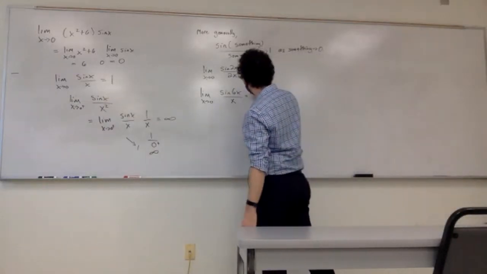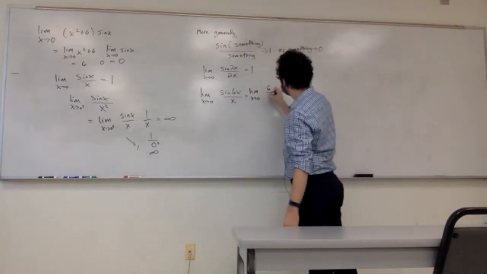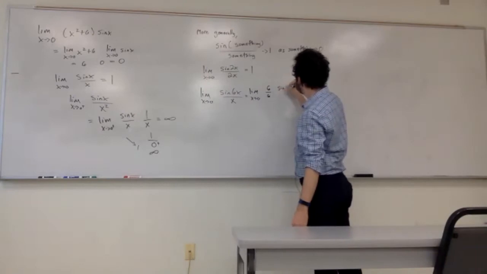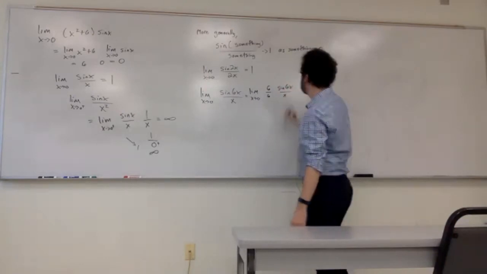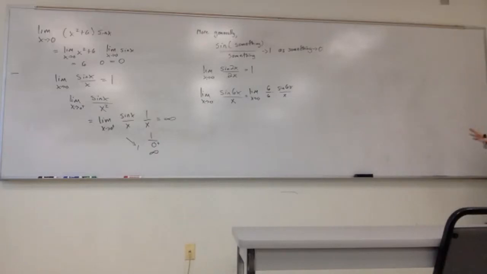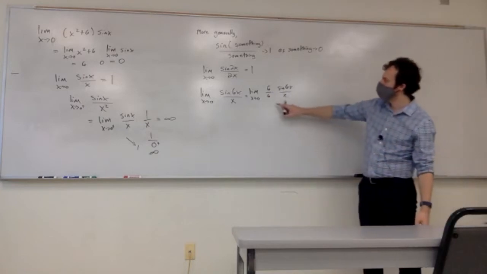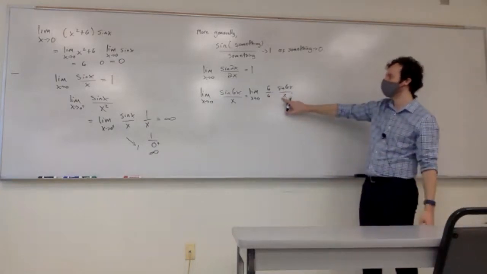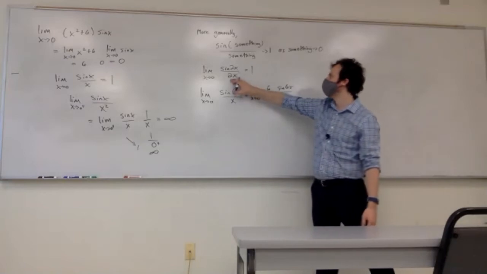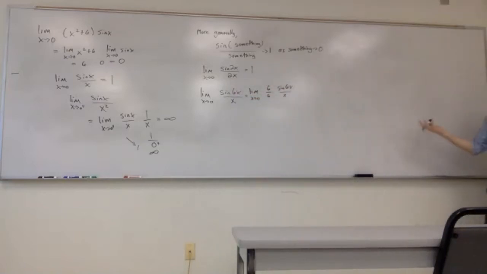The way we can do that is by multiplying and dividing by 6. This is 1, so it's not changing the value of the function at all. But it's giving us some extra numbers around, so we can say this 6, we really want that in the bottom. So it looks like this. This top 6 is just the cost of getting the 6 on the bottom that we want.